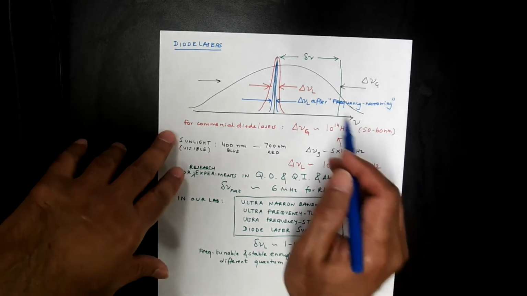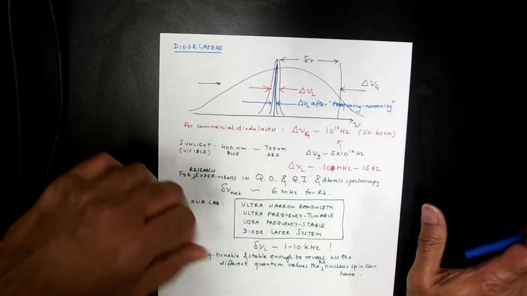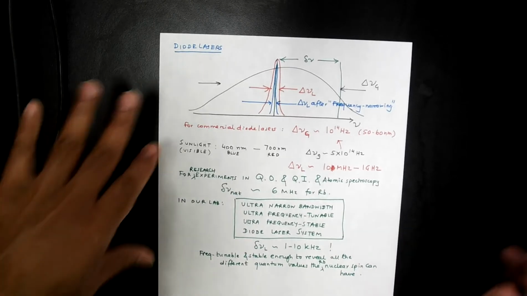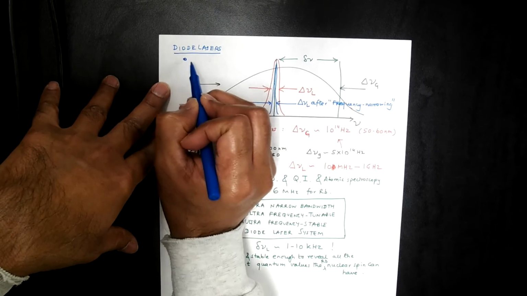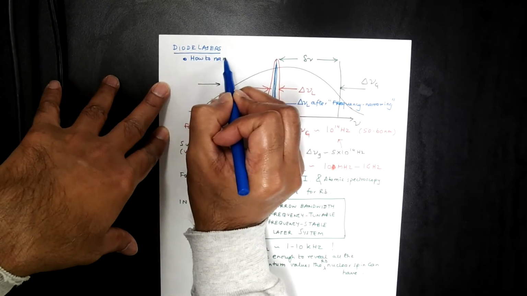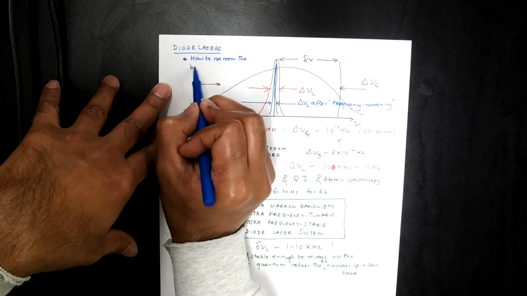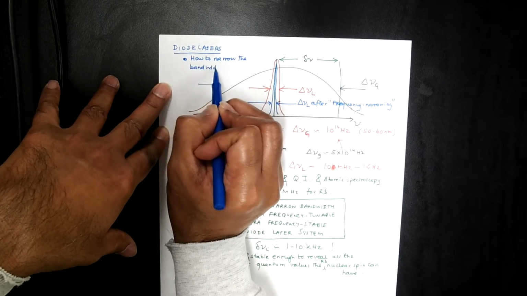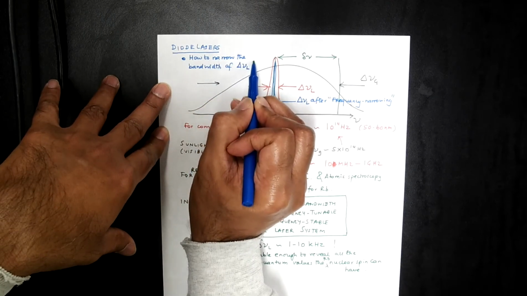This was one of the reasons. They invented this method. So in the context of diode lasers, we're going to study how to narrow the bandwidth of delta nu sub L. That's one thing.